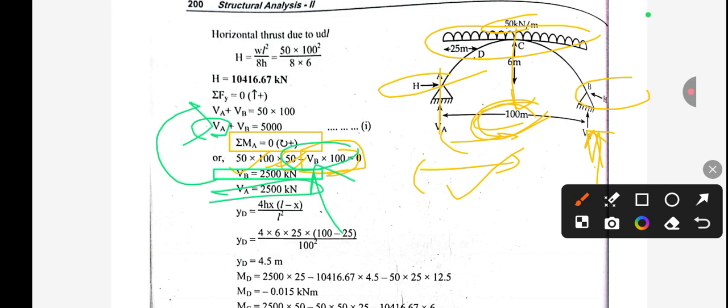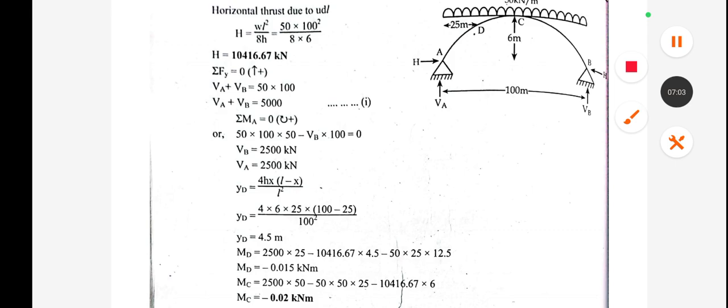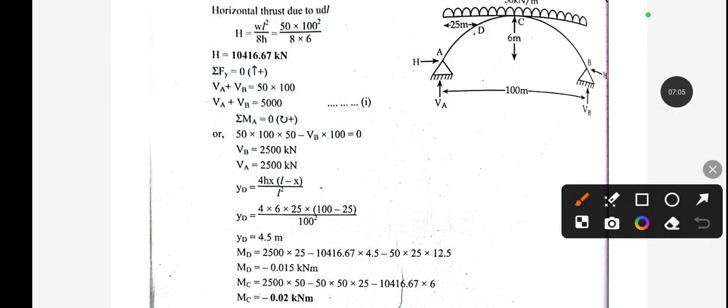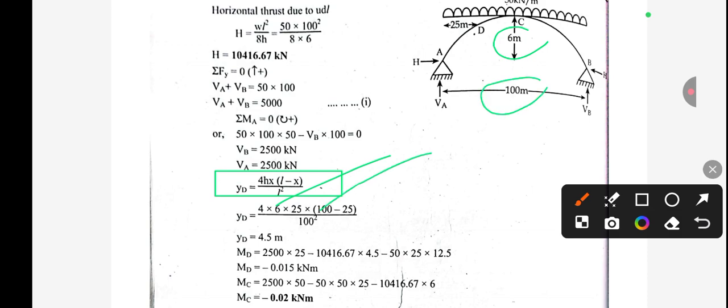Now as we know, the formula of y equals 4hx into (l minus x) by l square. The value of h is 4, so we put 4, l is 100, and x is 25, as given by the question.